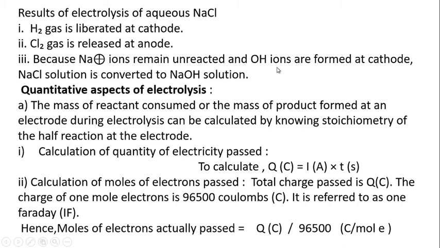The hydroxyl ions have a negative charge and the sodium ions a positive charge, so there is a formation of NaOH solution from the NaCl solution in the electrolysis of aqueous NaCl.